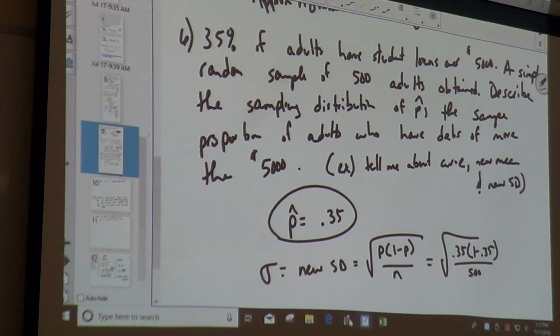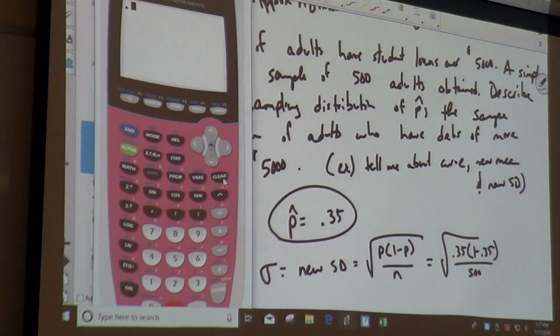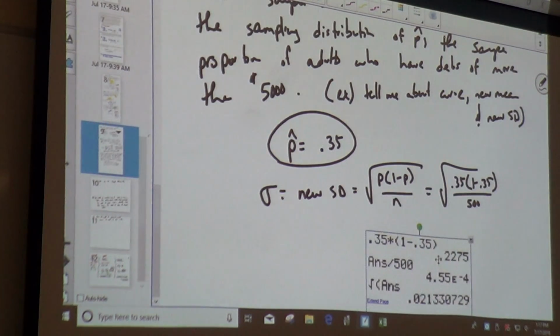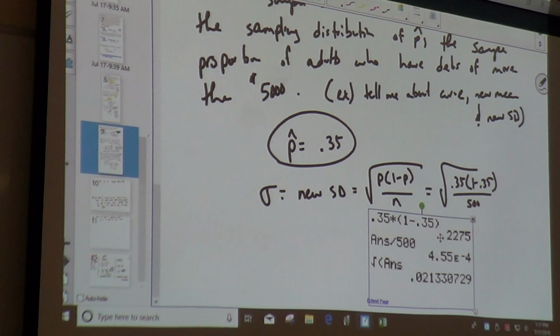So in my calculator, I do 0.35 times 1 minus 0.35, get my answer, divide it by 500, get my answer, and then take the square root of that answer. That's my new standard deviation. So I've got my new mean, and I've got my new standard deviation.